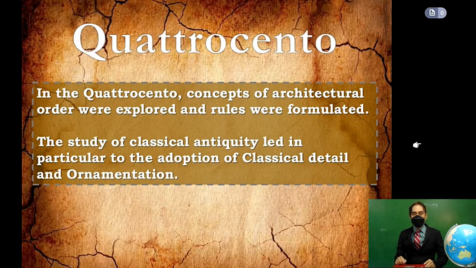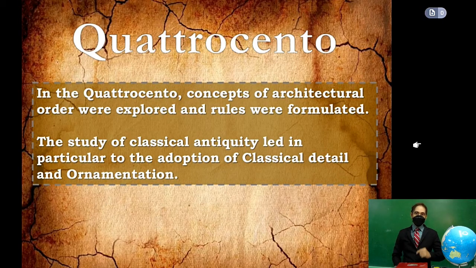Okay, let's go to the term Quattrocento. This is pertaining to the 15th century AD, in which the Renaissance period really flourished in the field of arts and architecture. In the Quattrocento, concepts of architectural order were explored and rules were formulated.